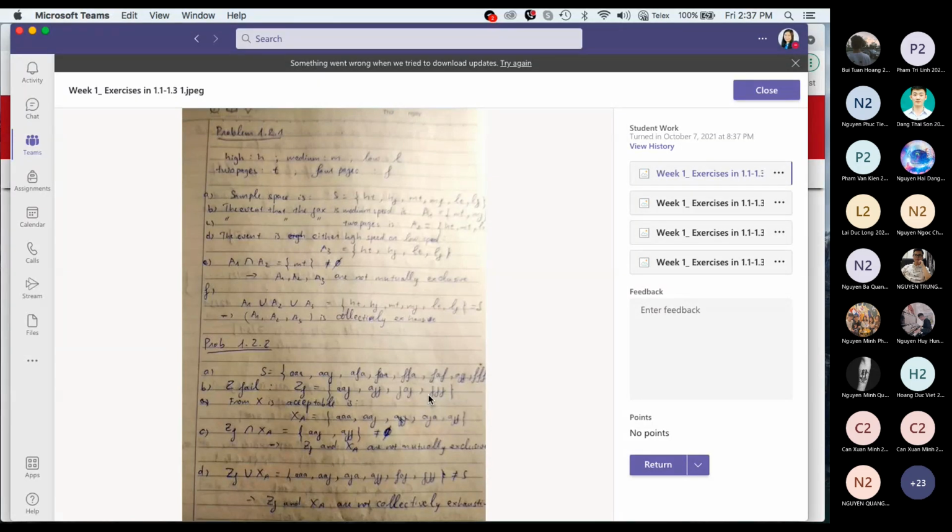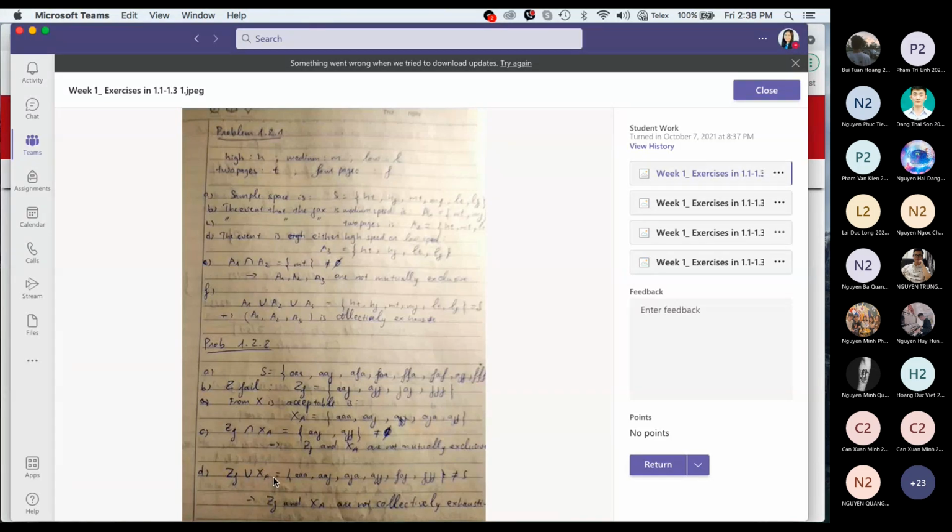Okay. And ZF intersection XA equals AAF and AFF. Here is a different null set, so ZF and XA are not mutually exclusive.